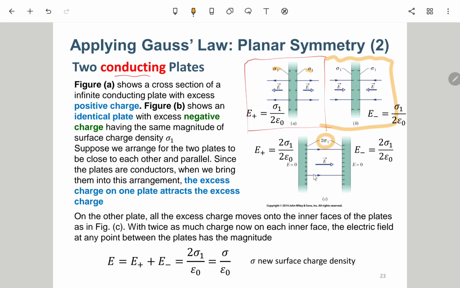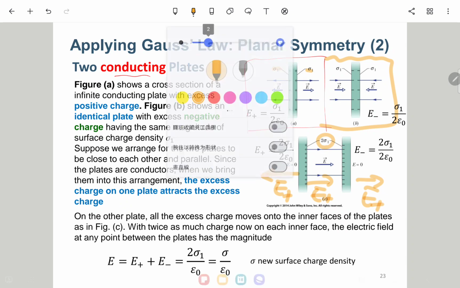Here we try to add these two plates together. The positive plate generates E plus on the left side and E plus on the right side, pointing to the right.